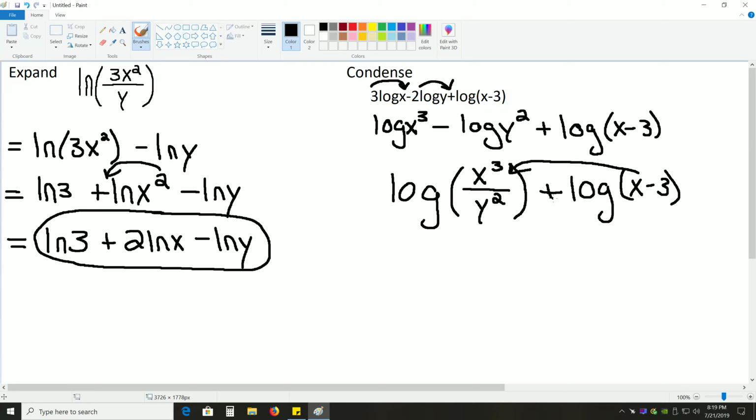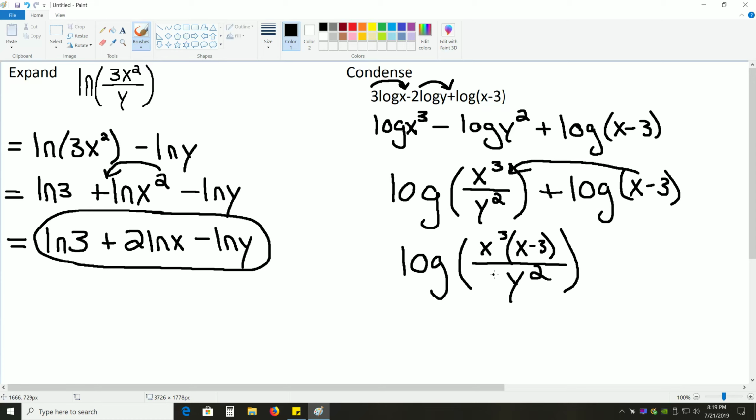If you are subtracting them, it would go in the denominator. So this is just going to become the log of x cubed times x minus 3 all over y squared. Notice we just took the value x minus 3 and multiplied it in the numerator immediately. It's just a little shortcut we can use.